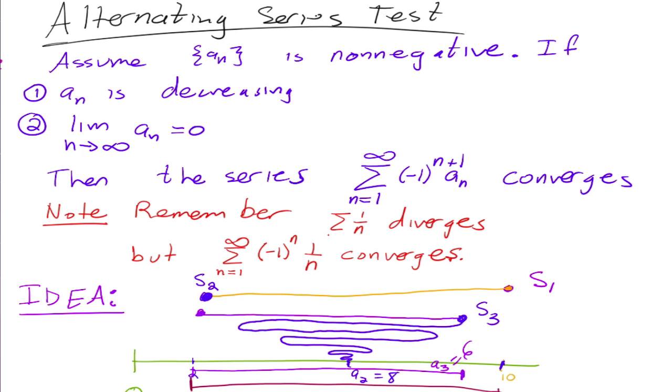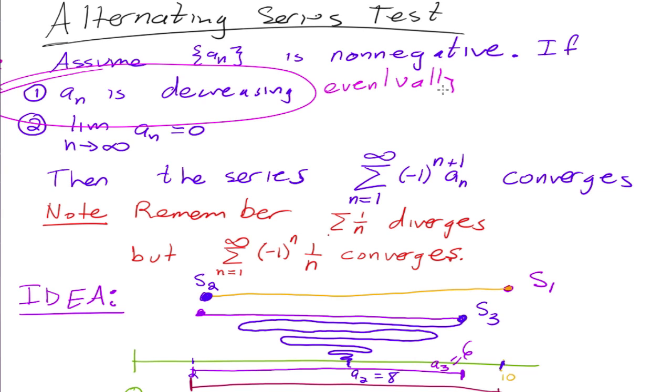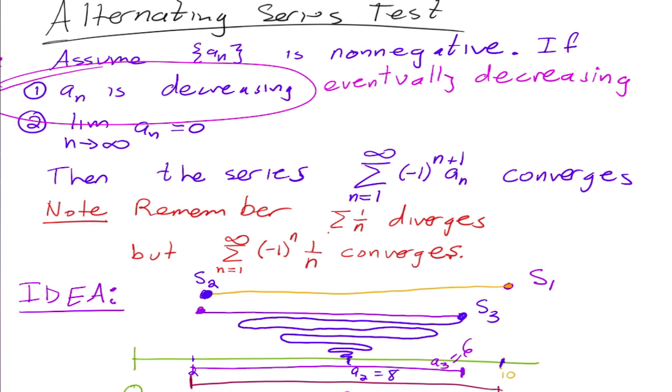But as we know already, as long as it's eventually decreasing, then it's okay, right? We've talked about this multiple times before, that as long as there's a point after which all the terms are decreasing, then you're still okay. It doesn't have to start decreasing right at the number 1. Thumbs up for that?